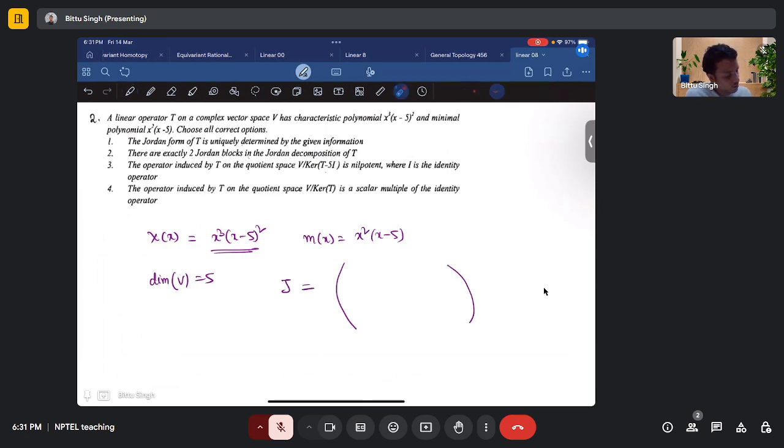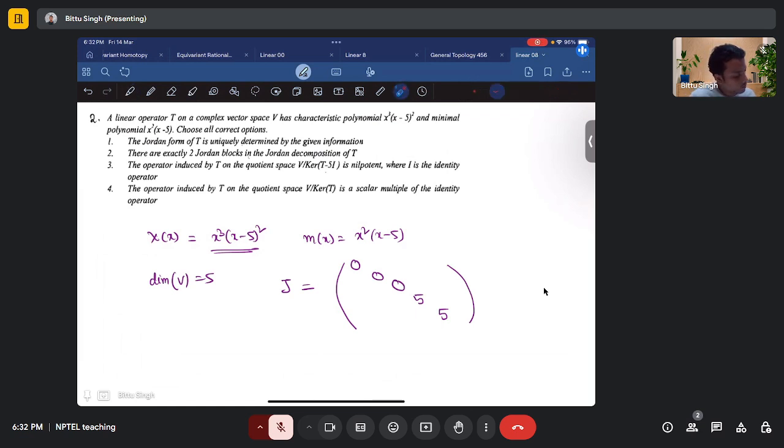We note that 0 must appear 3 times, and x minus 5 means that 5 must appear 2 times because the degree is 2. So 0 must appear 3 times, and the other eigenvalue 5 must appear 2 times. This information is found from the characteristic polynomial.